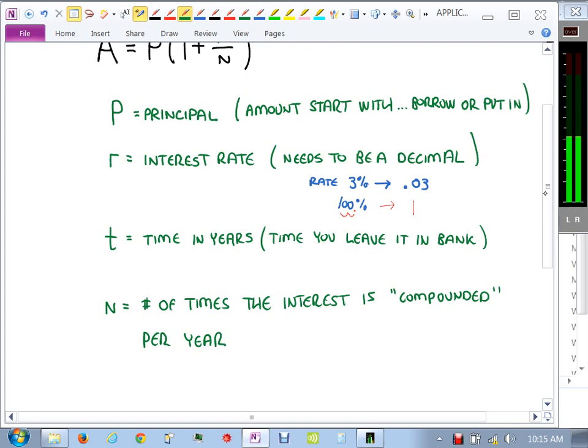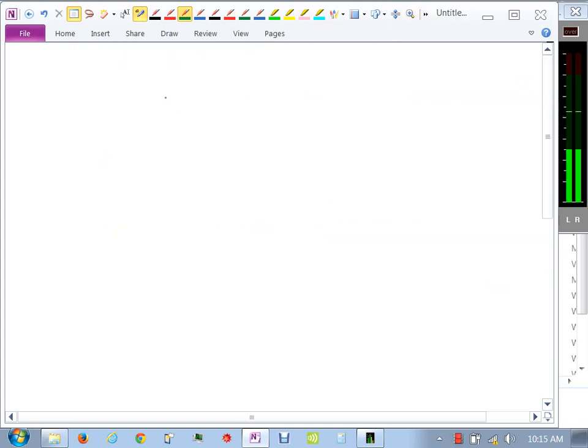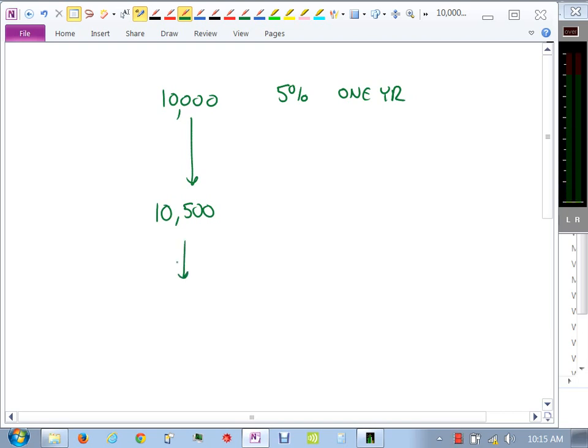I'll write on the table. I think I need it on a new page, though, just so I don't mix it up with this. If I start out with $10,000 at 5% for 1 year, then after 1 year, I'll have $10,500. Does that make sense? Now, if I leave it in there for another year, how much will I have? Well, they're going to give me 5% of 10,500 now because I have more money in there.